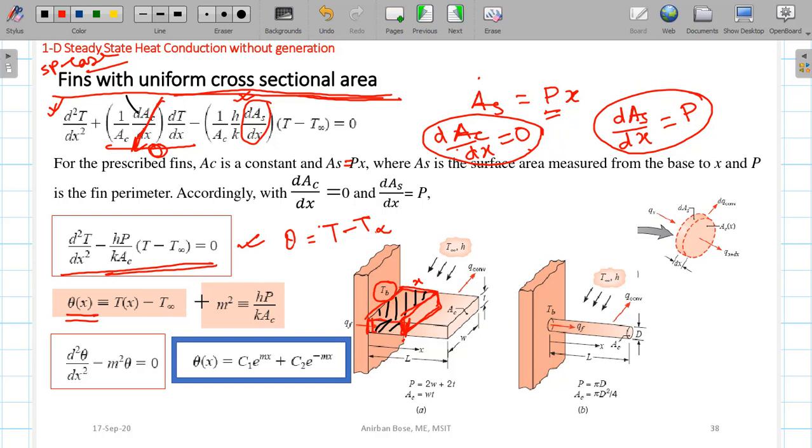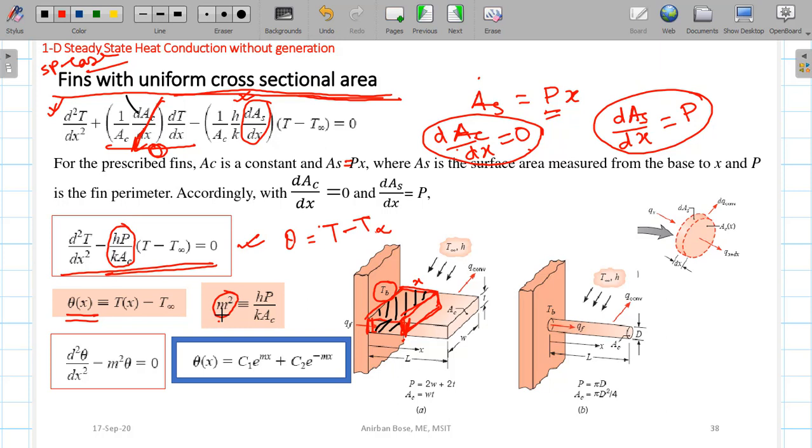And another one, we assume that m squared is equal to hP by kAc. This particular term hP by kAc, we just club into one term which is given the name m squared.